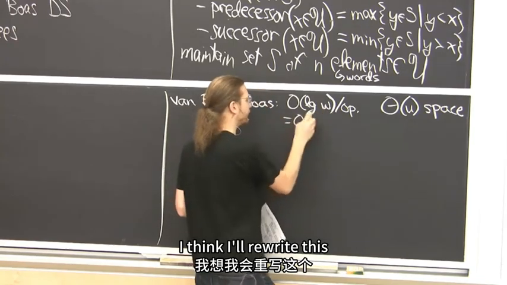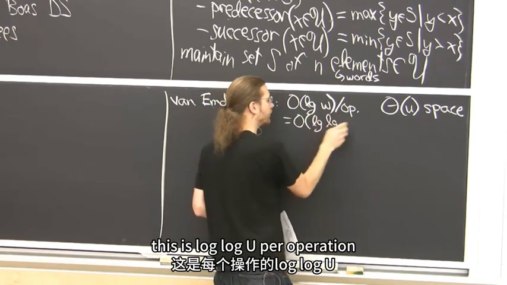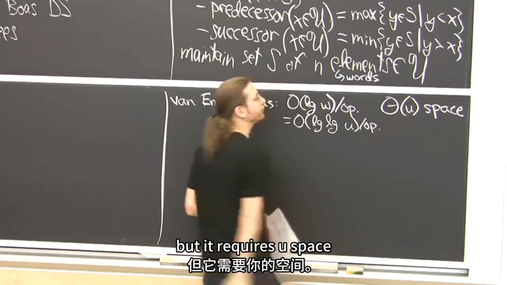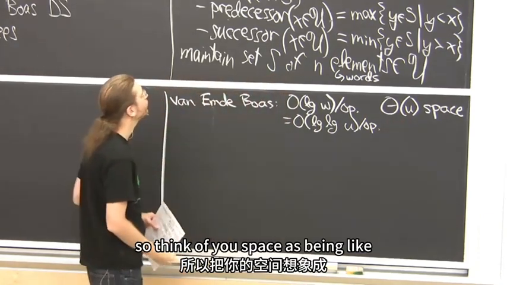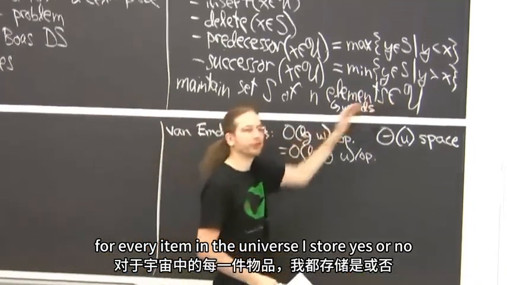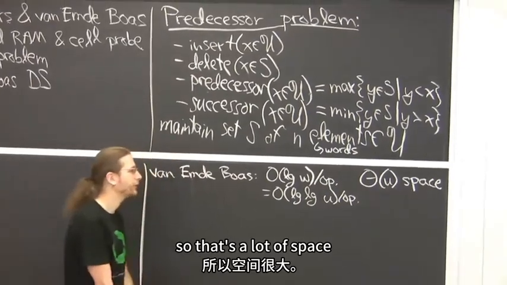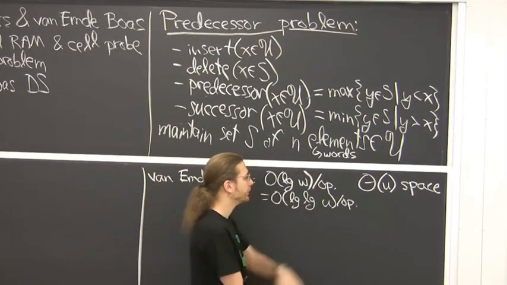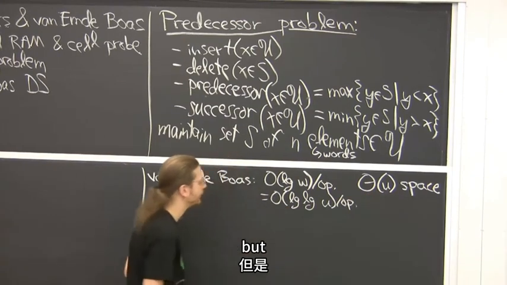I think I'll rewrite this. This is log U per operation. But it requires U space. So think of U space as being like, for every item in the universe I store, yes or no, is it in the set? So that's a lot of space, unless N and U are not too different. But we can do better.